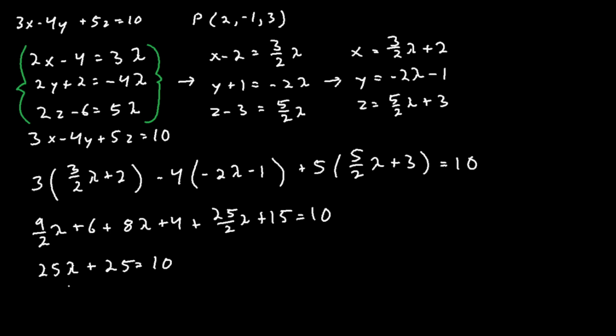You can factor out 25, so 25 times lambda plus 1 equals 10, and then you divide both sides by 25 and you get lambda plus 1 is equal to 10 over 25, which is just equal to 2 over 5. Subtract 1, and you get lambda is equal to negative 3 over 5.